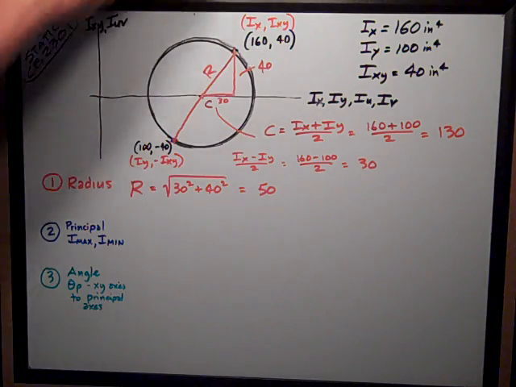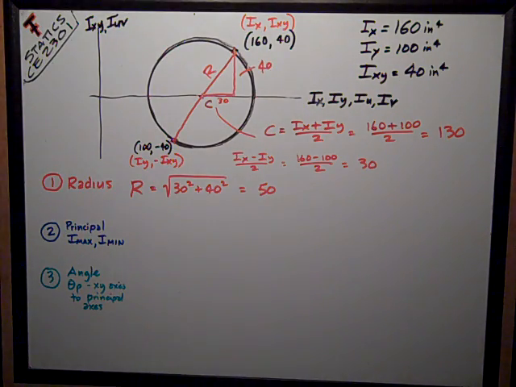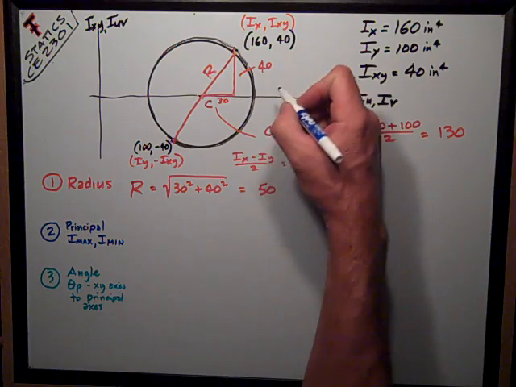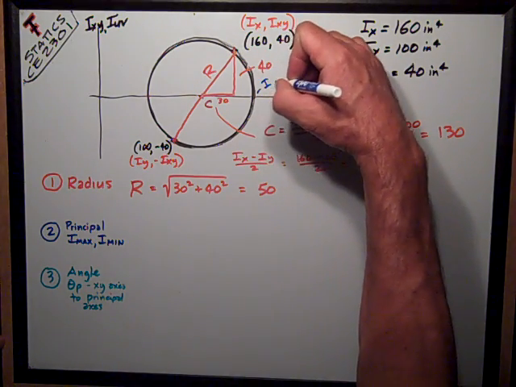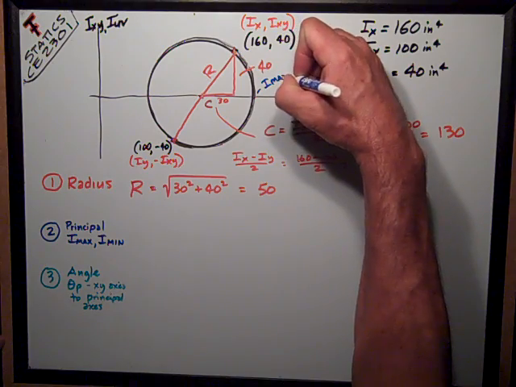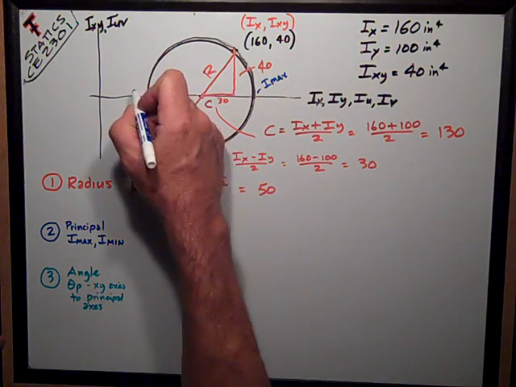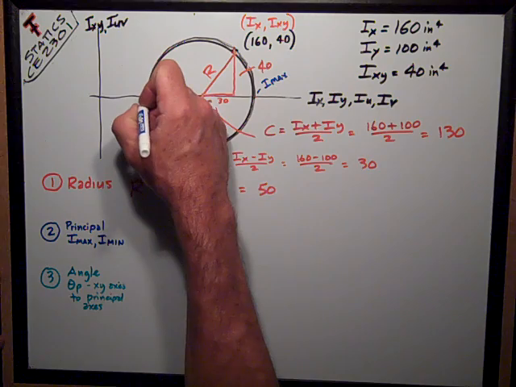One of the main things I want to know from the Mohr circle is the principal moments of inertia, the maximum and minimum. On Mohr's circle, those are these points out here. This is I max. This point over here on the left is I min.